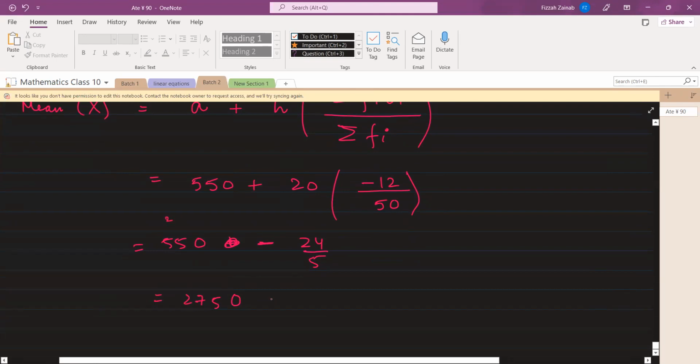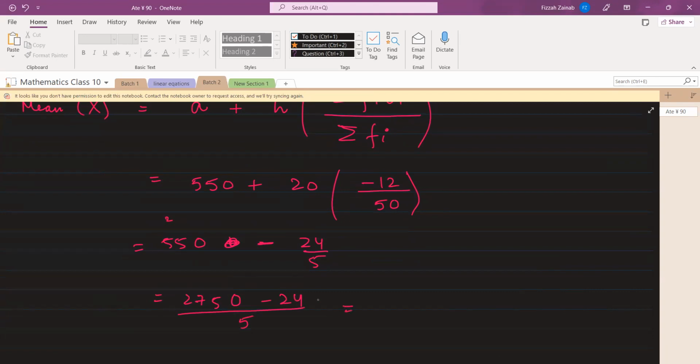So 2750 minus 24 divided by 5. That becomes 10 minus 4 is 6, 9 minus 2 is 7, 7, 2 divided by 5. So 5 into 5, 25. Then you get 27. So 5 into 5, 25, 26. That again 5 into 5, then, 2726, right?